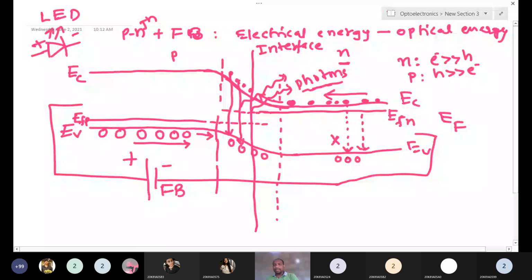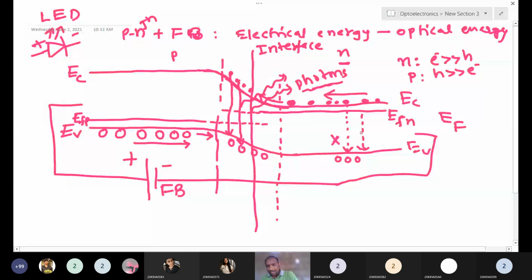So here there is a chance of recombination. Once they recombine, photons are emitted here also, but the photon density is very low. Even after these photons are created, they are again absorbed in the same n-type material, so they will not come out from the surface.